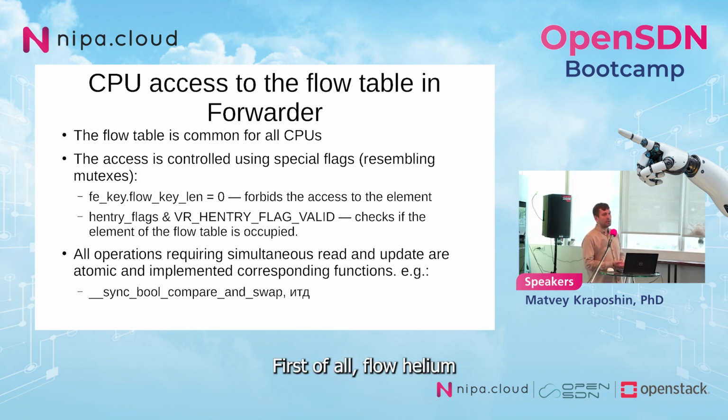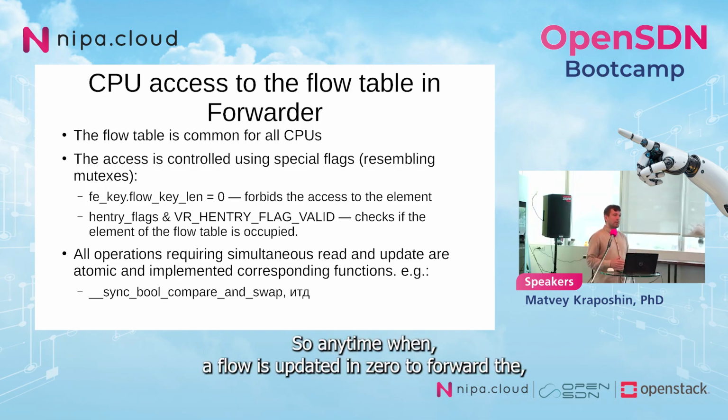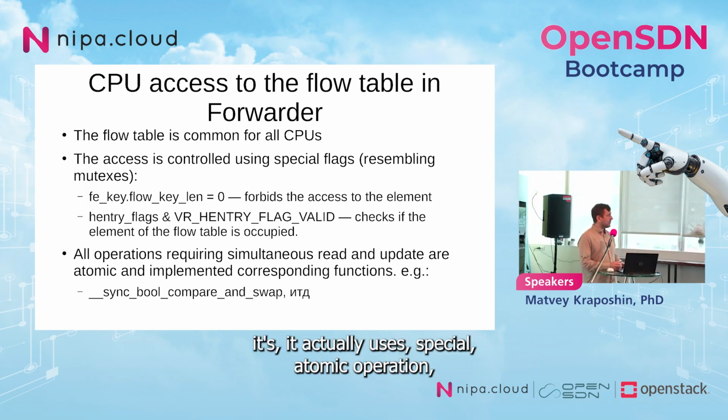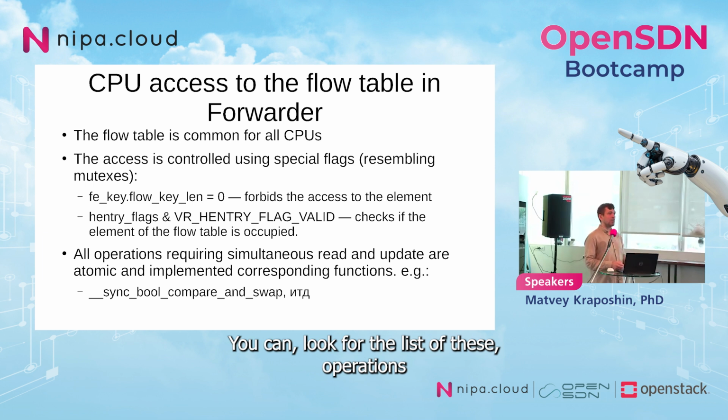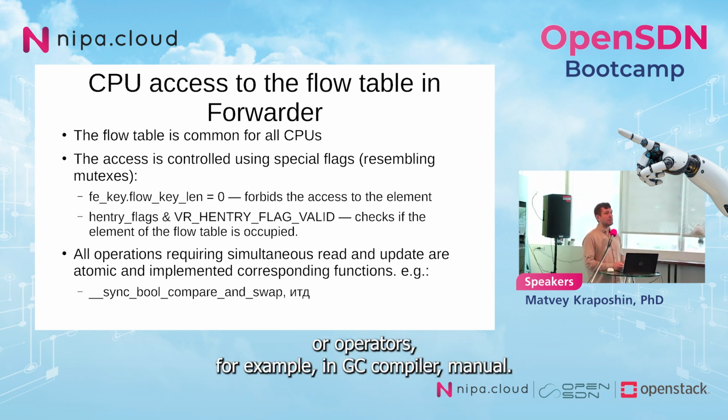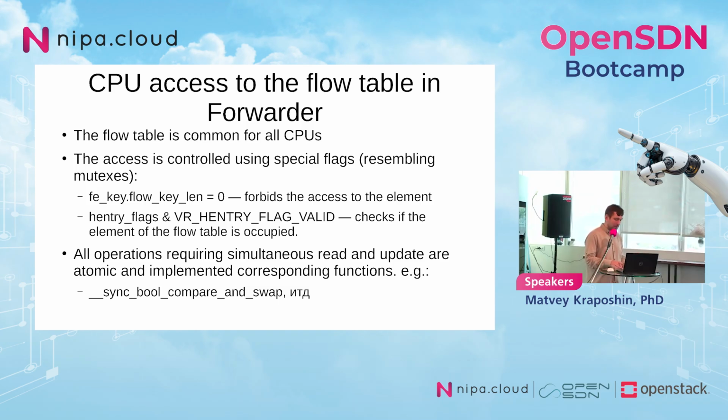First of all, flow KLIN, and second, just flags, which is an H entry flags. So anytime a flow is updated in the router forwarder, it uses a special atomic operation which tests and modifies values simultaneously. You can look for the list of these operations or operators, for example, in the GCC compiler manual.